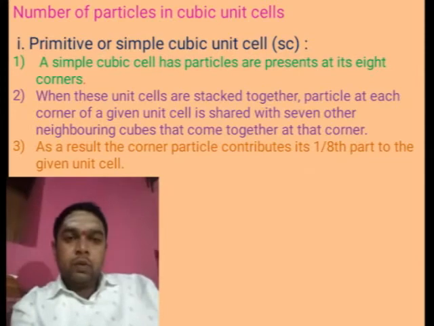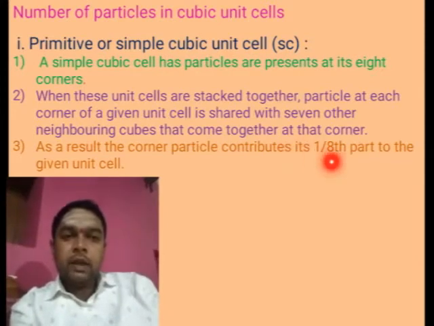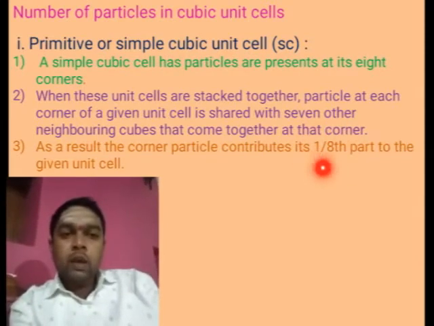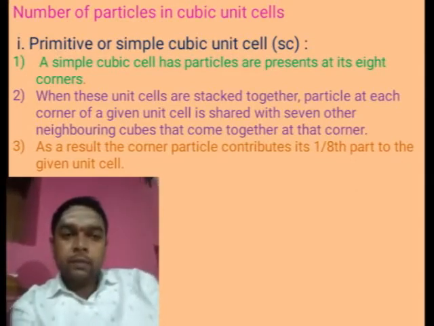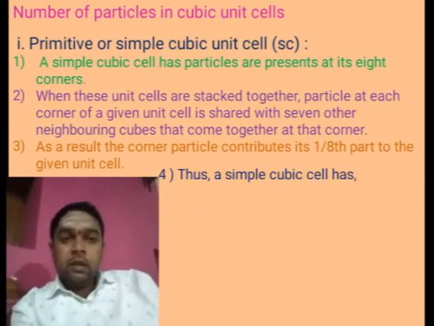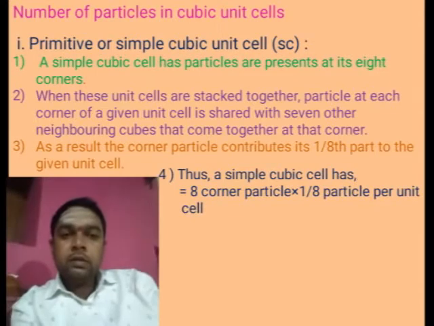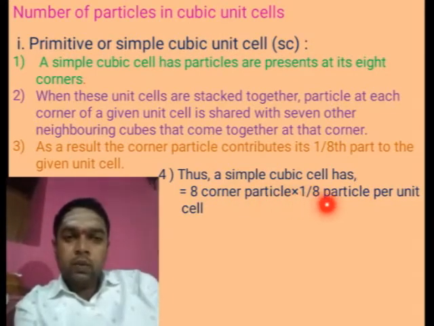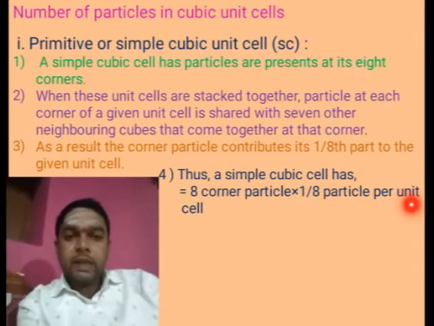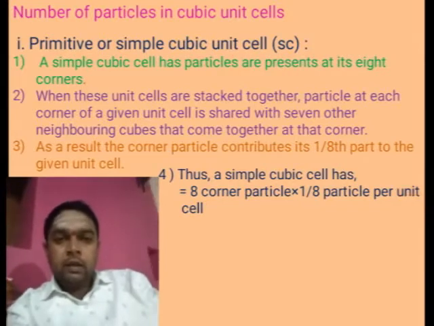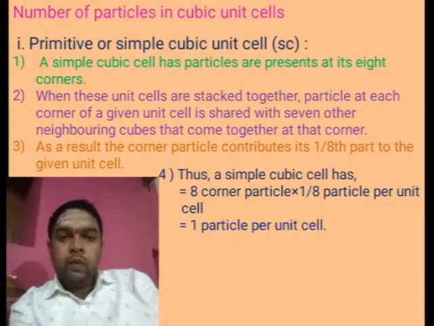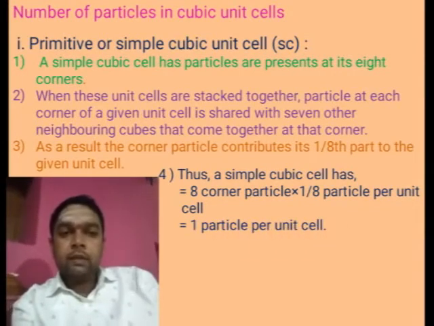As a result, each corner particle contributes a 1/8 part to the given unit cell. Thus, the simple cubic unit cell has 8 corner particles times 1/8 particle per unit cell, equal to 1 particle per unit cell.